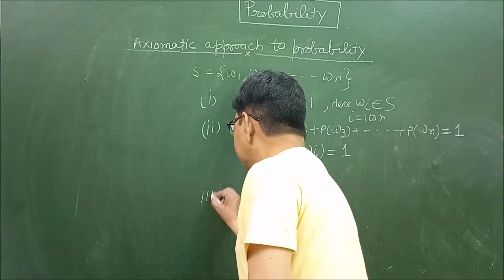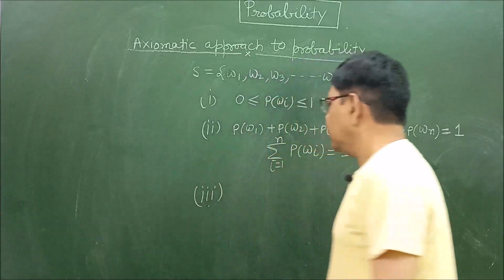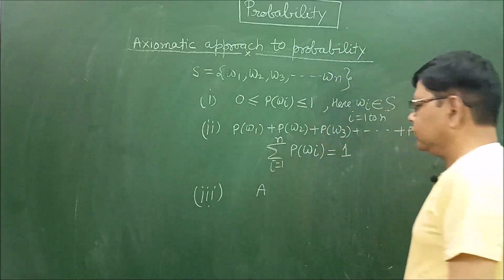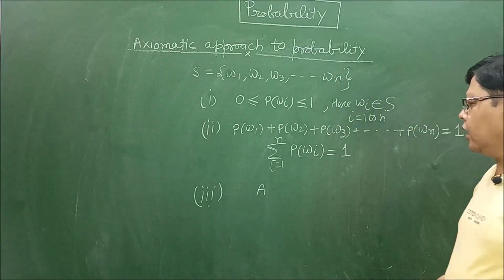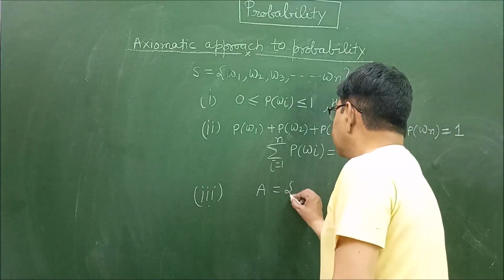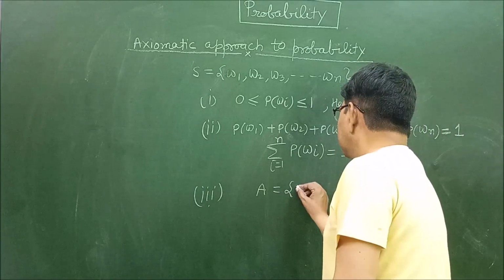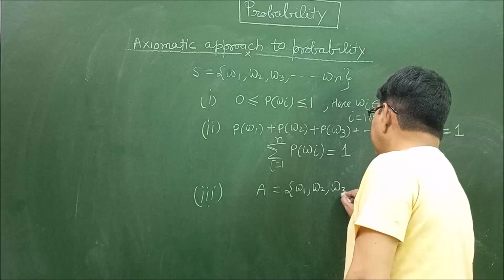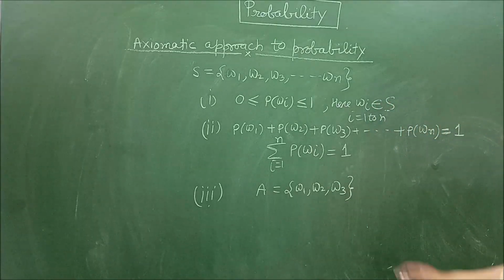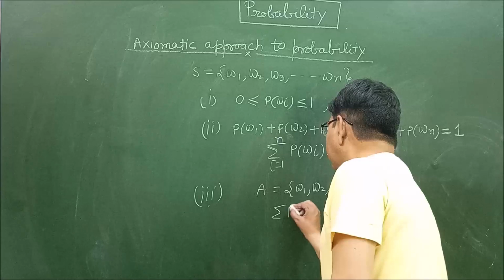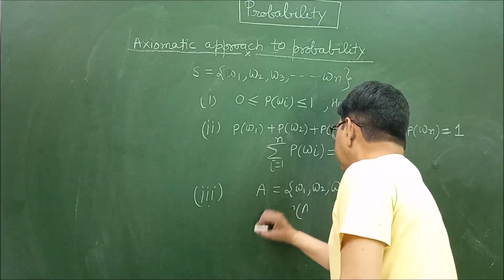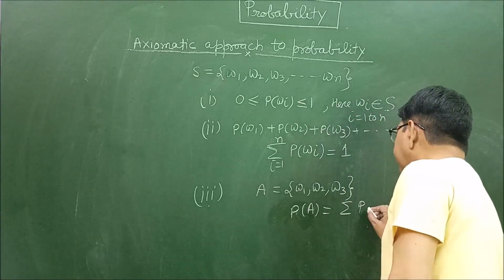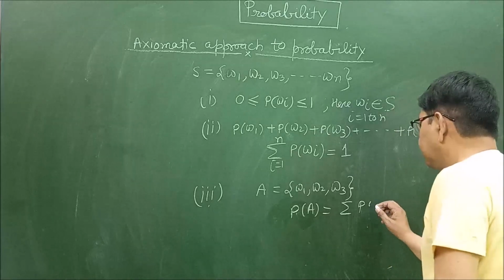Third point. If an event A consists of some elements, for example omega 1, omega 2, omega 3, then the probability of A is the sum of the probabilities of omega i.